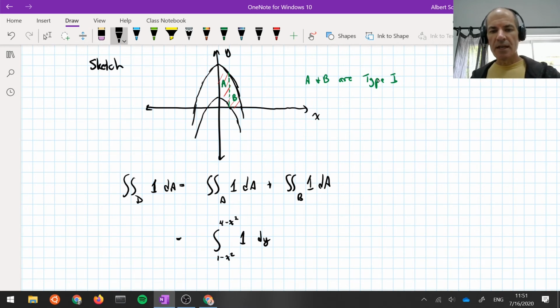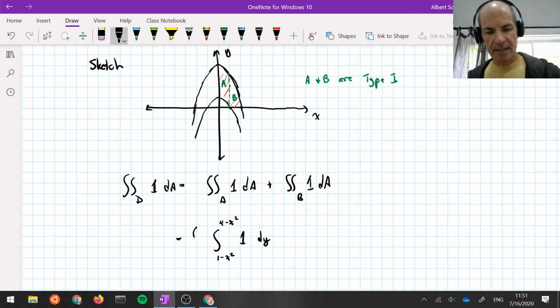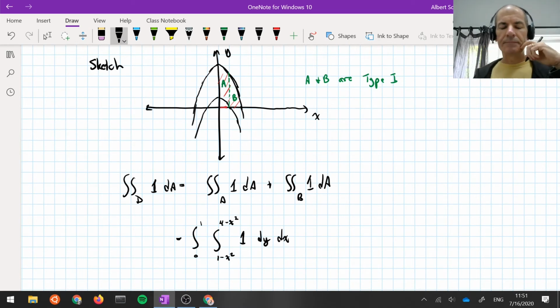And then if we take this set and smash it down onto the x-axis, what is the range of x values? It goes from 0 to 1.